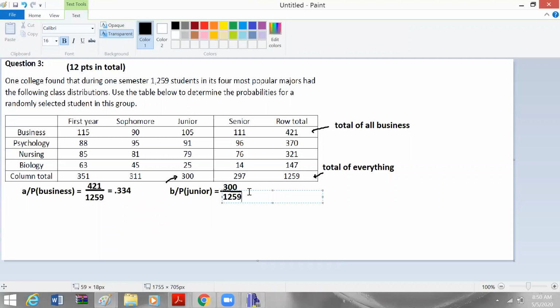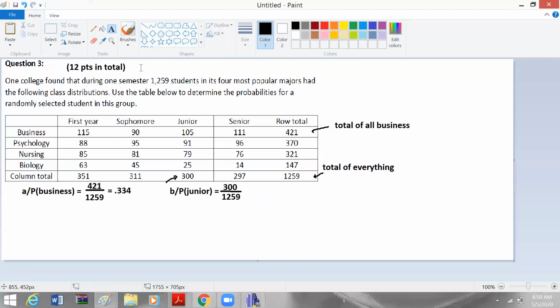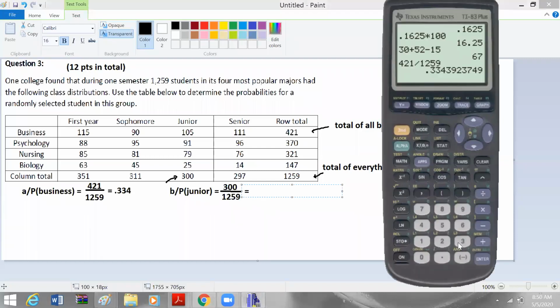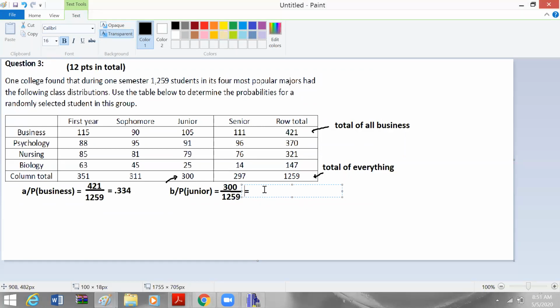Usually when you see a question like that, you just stop right here on the final exam, and I give you full credit for that. But I just want to make sure that we get used to the format that we need to compute that percentage. So we take 300, we divide it by 1259, and we find the answer, 0.238.